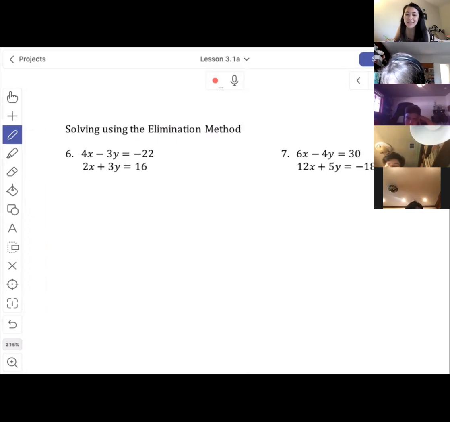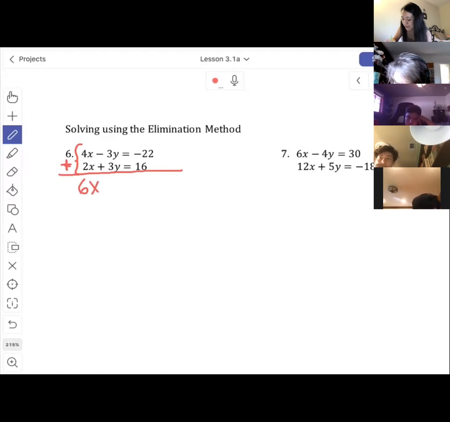So the idea behind elimination is you're going to combine your equations before you solve for any variables, in a way that eliminates a variable. If I'm looking at x and y, I have to decide which one I want to eliminate first. In this case, if I add my two equations together, I add the x's together and get 6x, when I add 4x plus 2x.